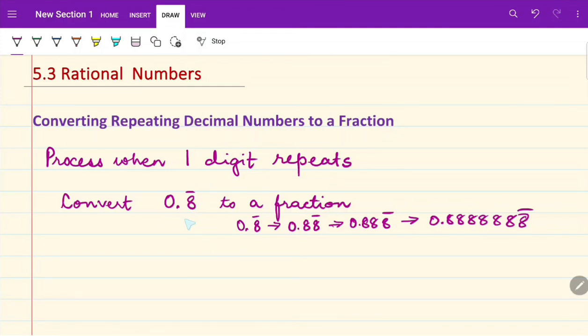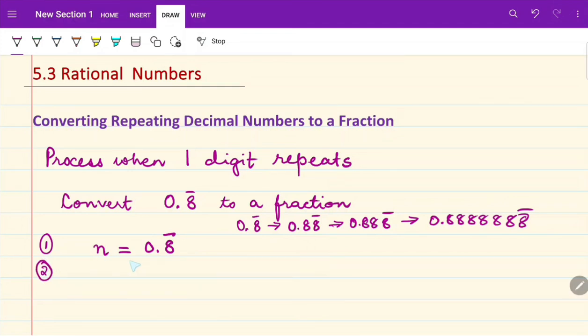So the first step is to write this 0.8 bar in equation form, and I'm going to use the variable n. So I'm going to write n equals 0.8 bar. That's step 1.